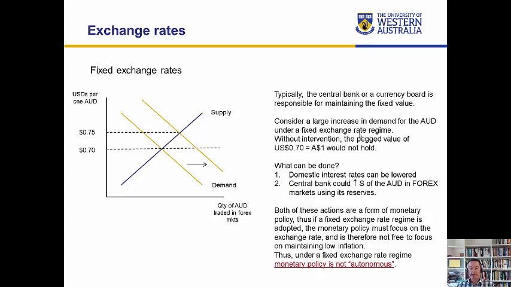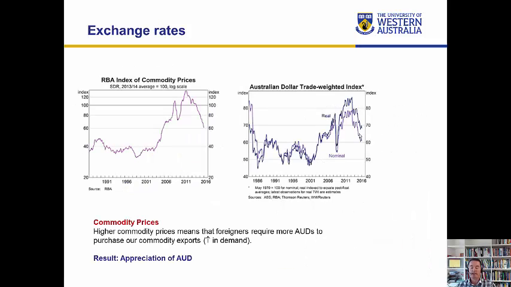So the next thing we look at is a fixed exchange rate system. Just to summarise the floating exchange rate system before we move on to the fixed system, you really do need to be able to use demand and supply diagrams to explain what drives the value of a floating exchange rate over time.